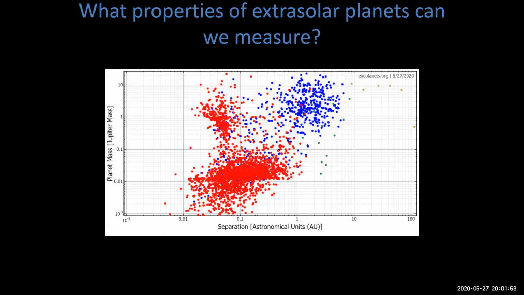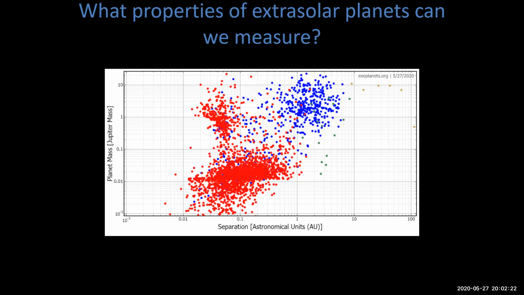You'll see a few brown dots in there, which are the direct detections, and then a few green dots as well for gravitational lensing. And each dot is a different planet that's been detected, that's known about.